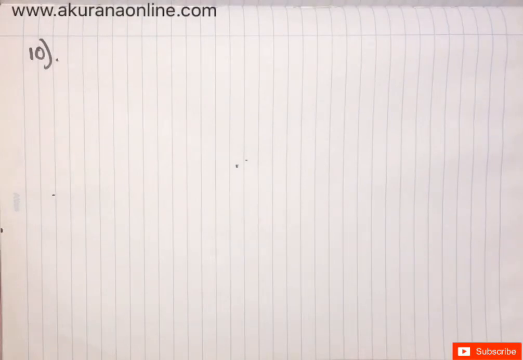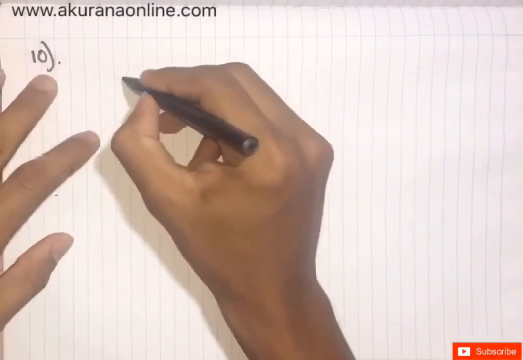Okay, here also you have been given a diagram. You have to prove certain things. Okay, let us check that. Let me first draw the diagram. Here they have given the triangle ABC. Let me draw the diagram first.